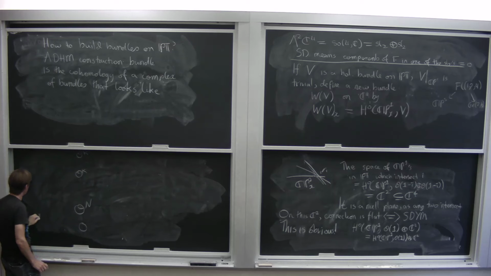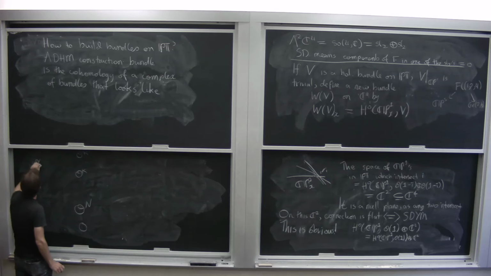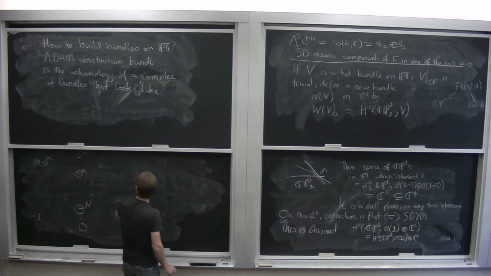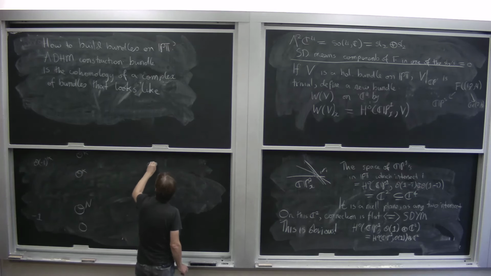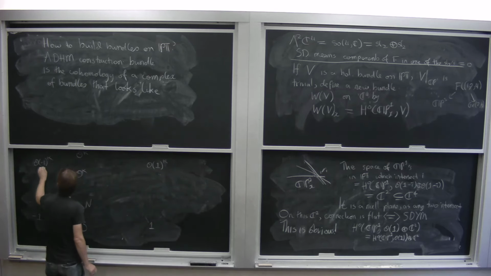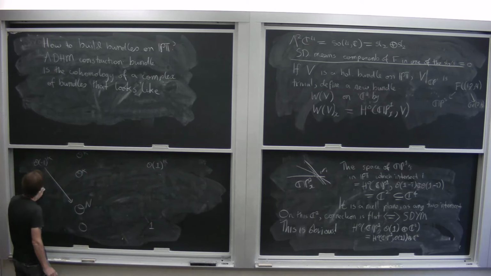In degree -1, I'm going to put O(-1). And in degree 1, I'll put O(1). Here is some matrix, I(z).